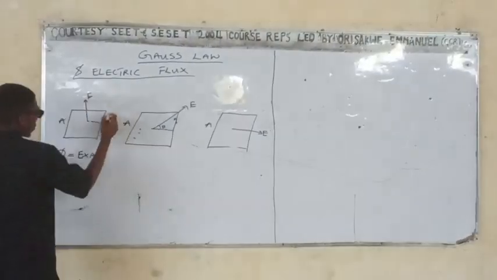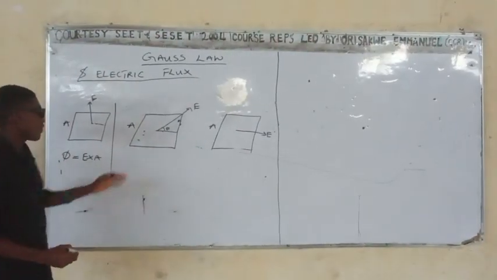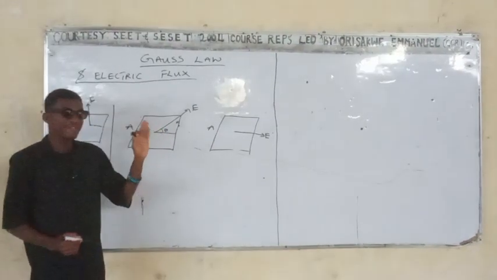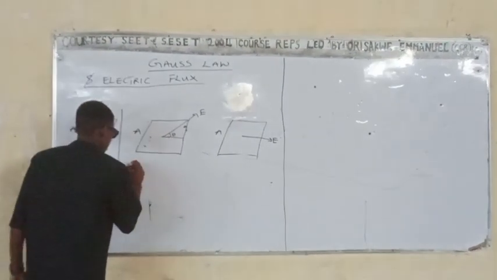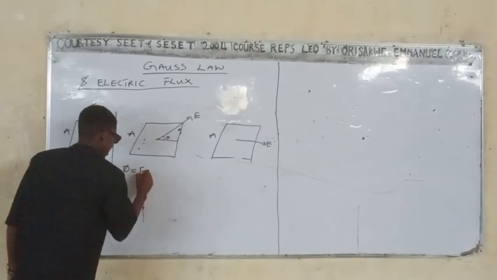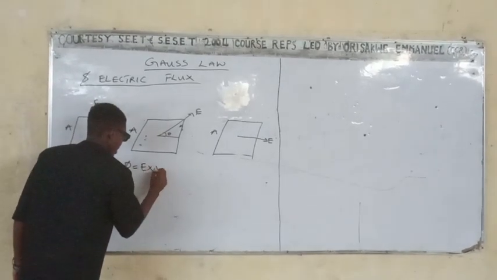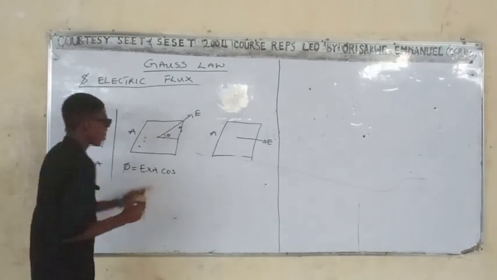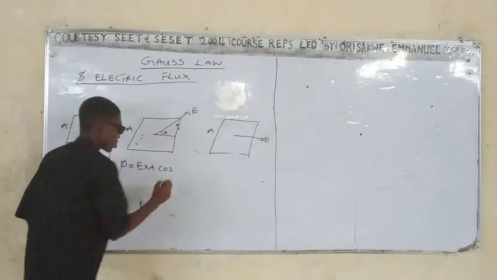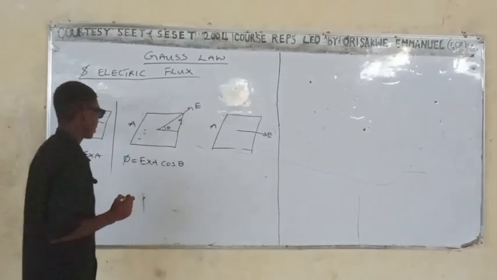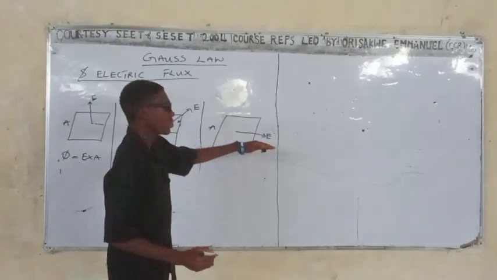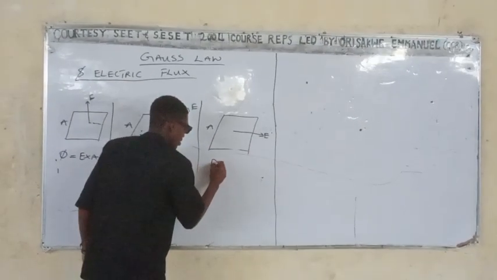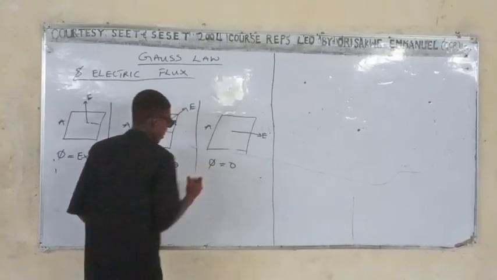For surface 2, if the electric field is acting at an angle to the surface, the electric flux is electric field times area times cos of that angle, in this case theta. And lastly, if the electric field is acting horizontally, the electric flux is equal to 0.